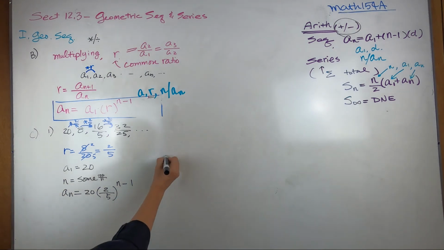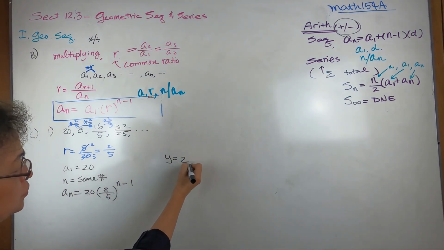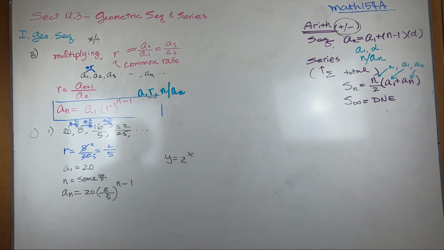Does that look familiar? It's like y equals 2 to the x power, because your n is in the power position. N will change, 1, 2, 3, 4, 5, 20, 30, so n is in the exponential position.